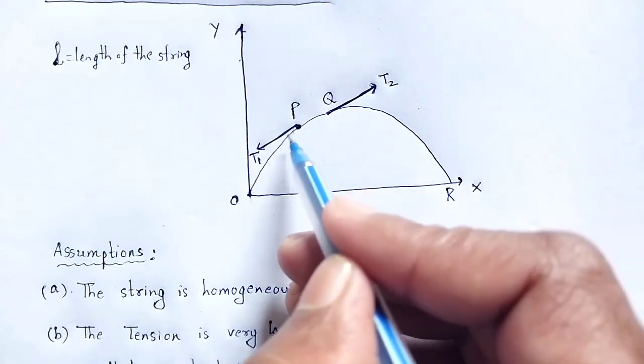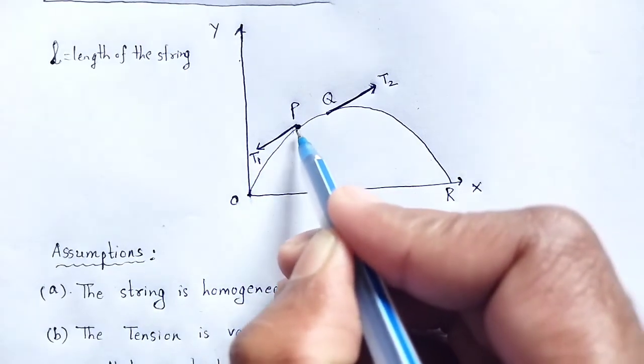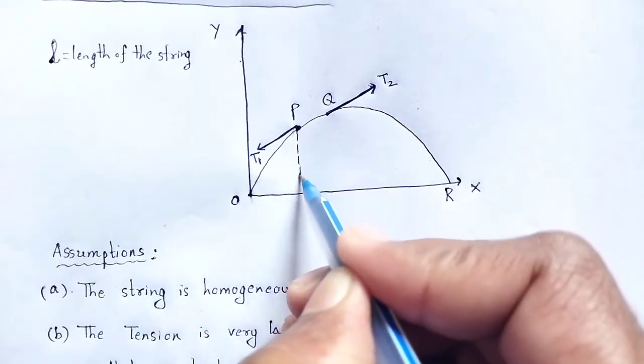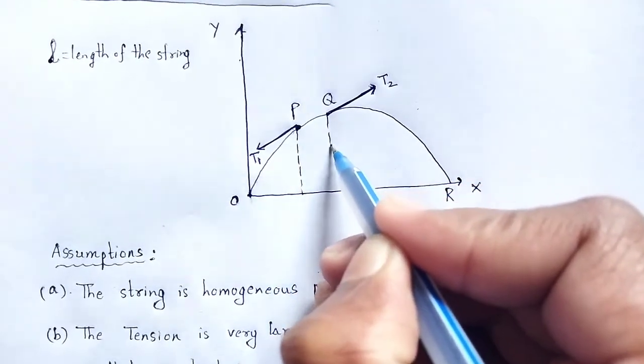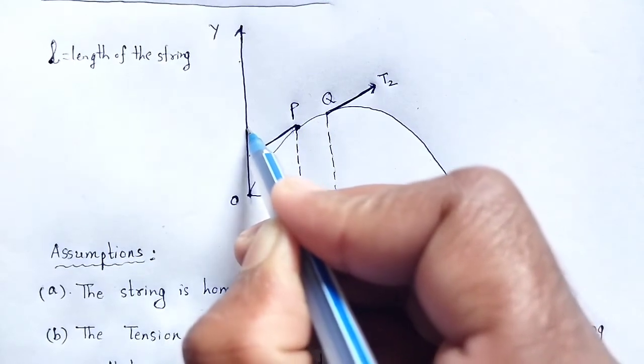Now the horizontal components of the tensions, let me draw like this. This is the horizontal component.